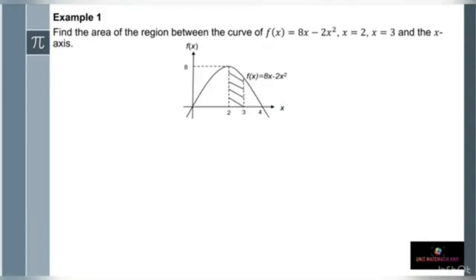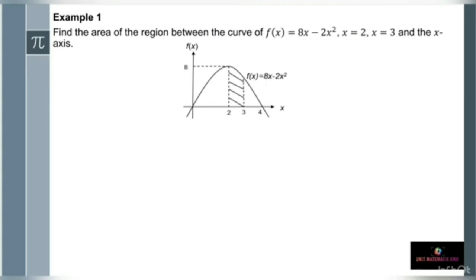Example 1, find the area of the region between the curve of f(x) equals 8x minus 2x squared, x equals 2, x equals 3, and the x-axis. For example 1, we are given the region already, so we find the area straight away.